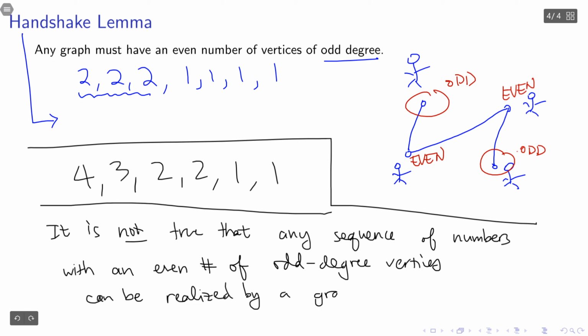So the converse of this statement is not true. Just because you have an even number of odd degree vertices, it doesn't mean you're going to get a graph with that. I'll give you a simple example.